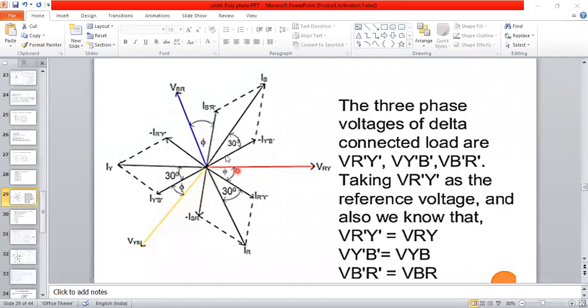Okay. So this is the phasor diagram. After drawing this phasor diagram, our next aim is to identify the IR value. IR is the resultant we have considered here.